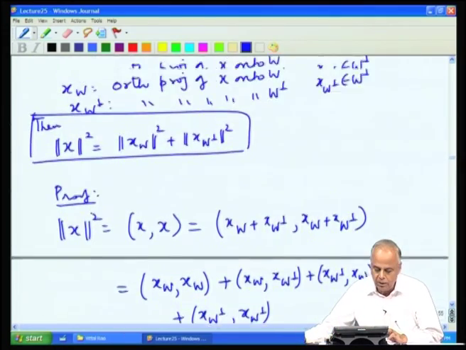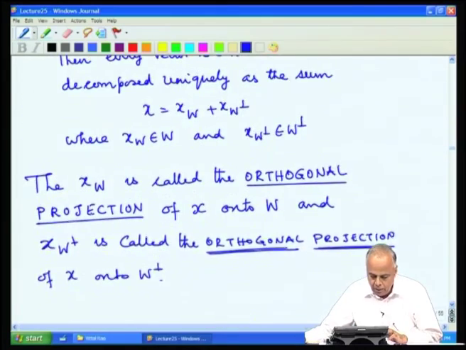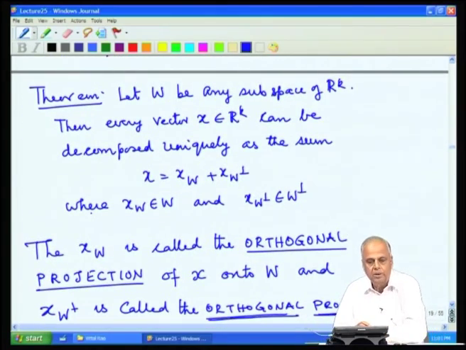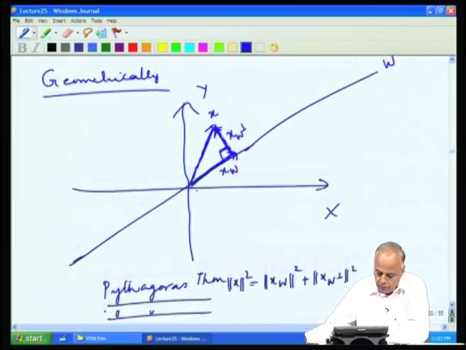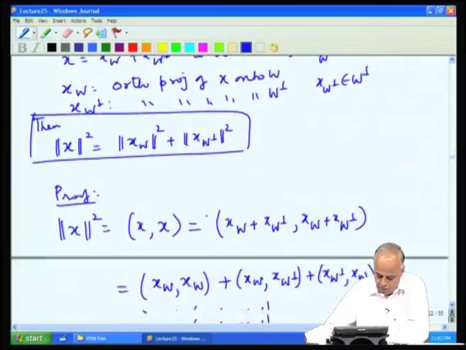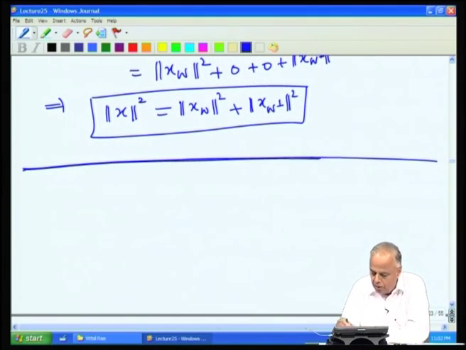So, now if you look at this theorem, any vector can be decomposed as x_W plus x_W perp, and the norm of x squared is equal to the norm of x_W squared plus the norm of x_W perp squared. So, what are all the things that we have seen?